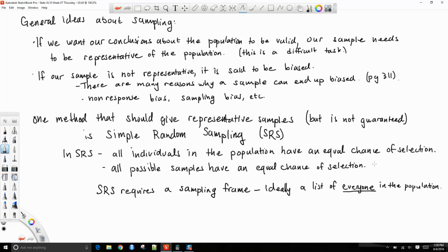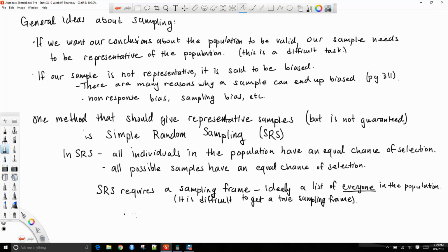So the sampling frame is a list of everyone in the population. The difficult part is getting a true sampling frame, okay? But once you have your sampling frame, then simple random sampling is easy.